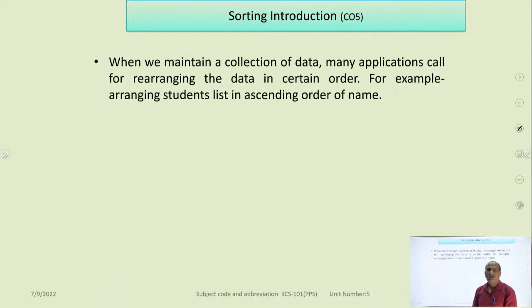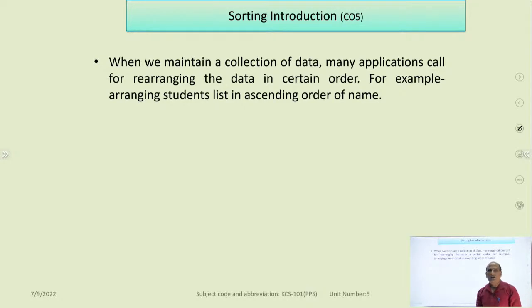So what is sorting? When we maintain a collection of data, many applications call for rearranging the data in a certain order. As we have already seen, to apply binary searching, the data must be in sorted order.